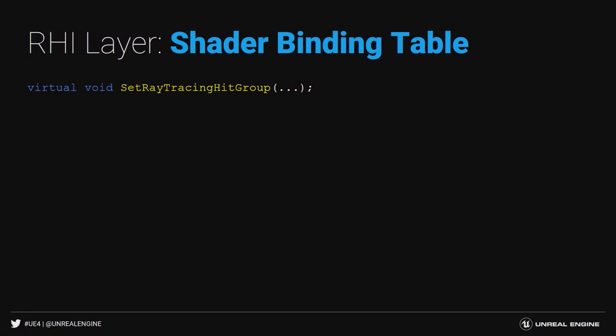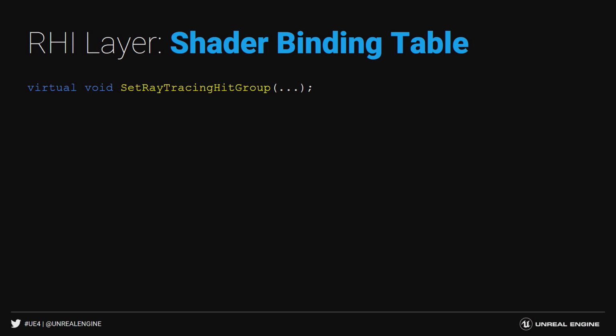And lastly, this one doesn't exist in the top level RHI layer, but it's crucial to DXR. So the shader binding table is really the list of things that associate materials to geometry. And we bind hit groups, which is a pair of any hit shader and closest hit shader to a specific element inside the table, which corresponds to some primitive ID.